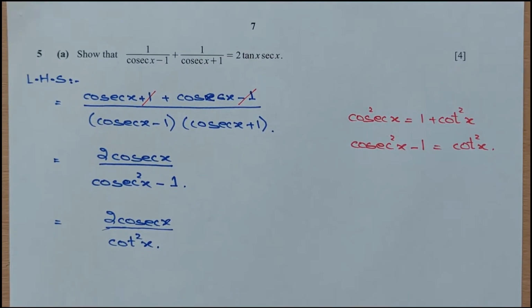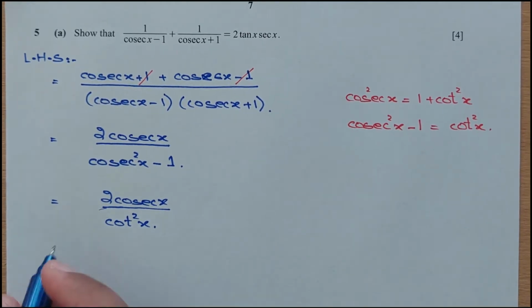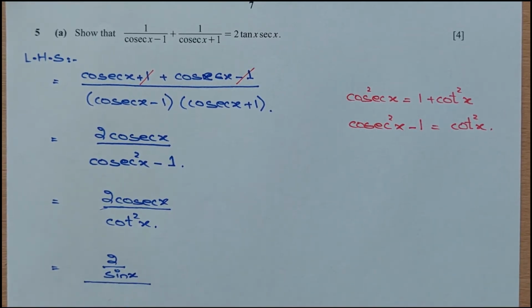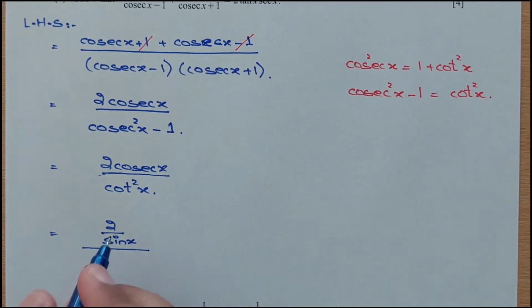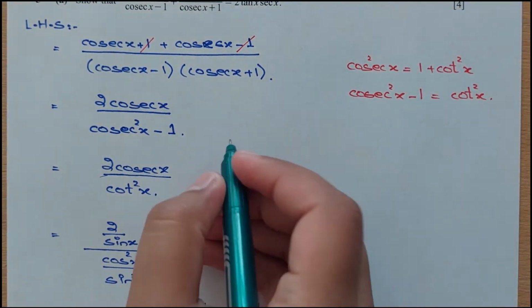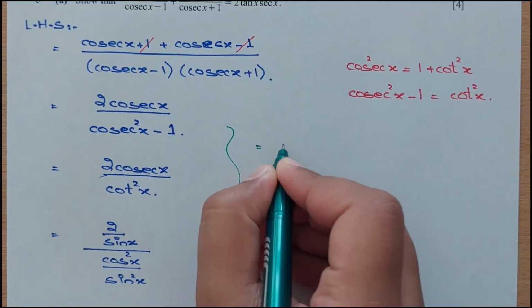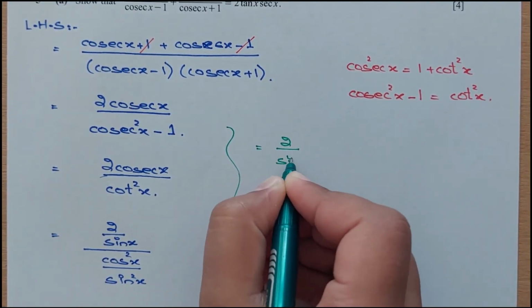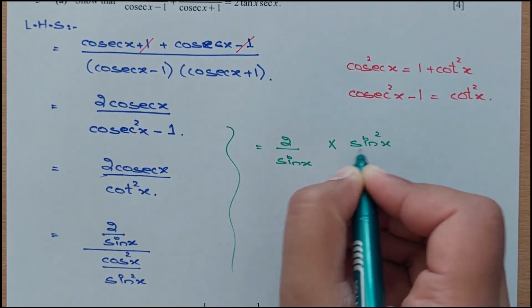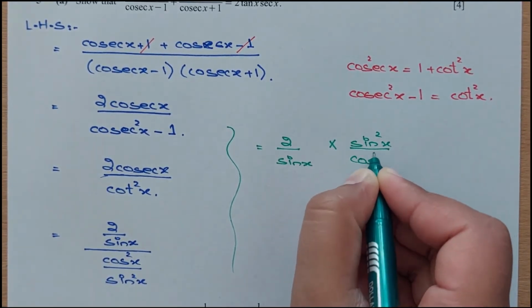Right. So cosecant is the reciprocal of sine. So we can write it as 2 over sine x, and the whole divided by cot square, which is cos square x over sine square x. Right. So let me do the multiplying into the numerator: 2 over sine x and taking the reciprocal of the denominator, that is sine square x divided by cos square x.